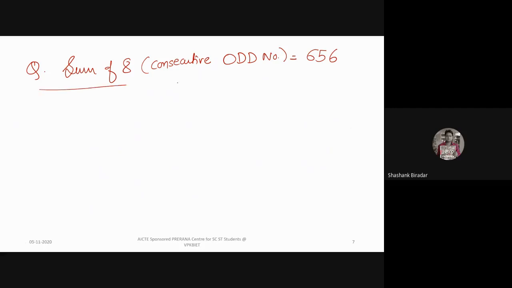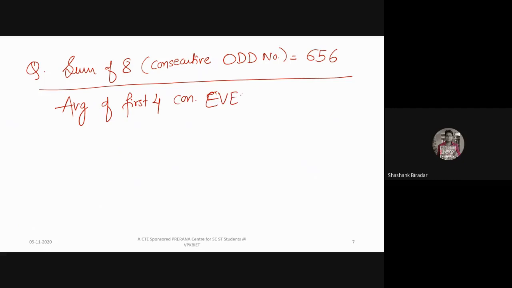The average of first four consecutive even numbers is 27. Then it has been asked, what is the sum of the smallest odd number and the second largest even number?